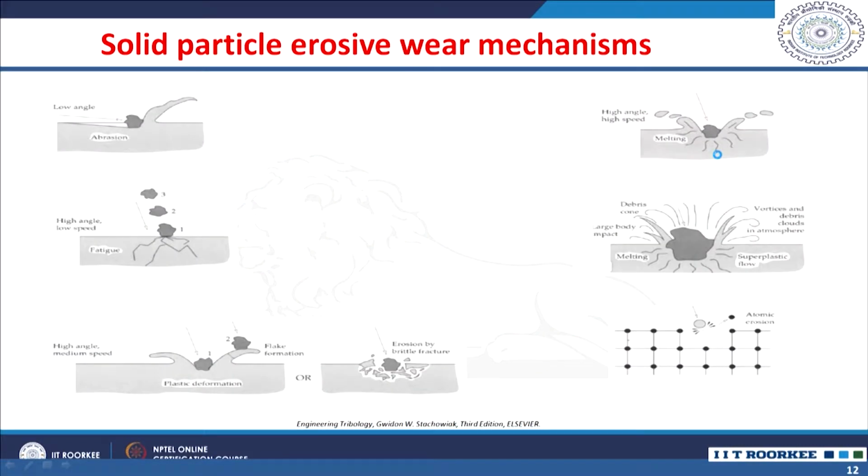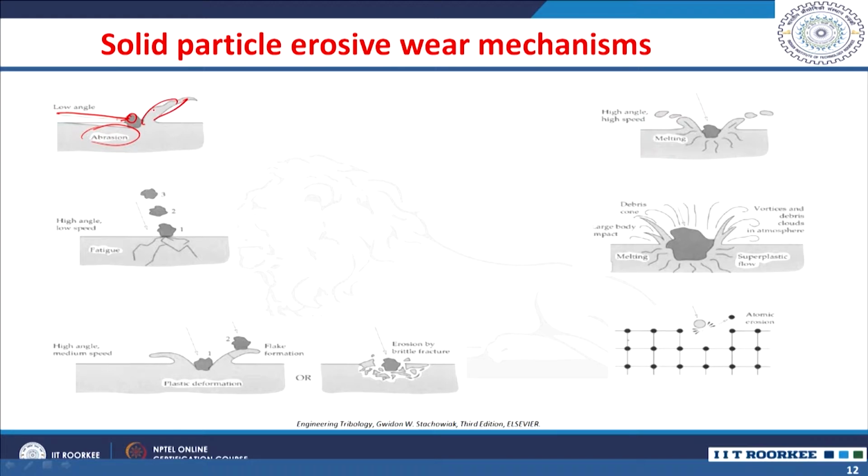If you look at the overall wear mechanisms in solid particle erosive conditions, the wear can occur by simply abrasion, fatigue, plastic deformation, fracture, melting, or by secondary effects of superplastic flow, or even atomic erosion. Generally, abrasion is found in erosive conditions when the erodent particle strikes at a lower angle.